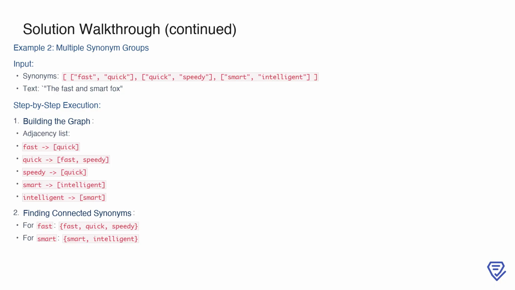Using this graph, we use BFS to find the connected components. Fast, quick, and speedy form one group, while smart and intelligent form another. These connected groups allow us to map each word to its respective synonym set. For instance, fast is mapped to the set fast, quick, and speedy, while smart is mapped to the set smart and intelligent.